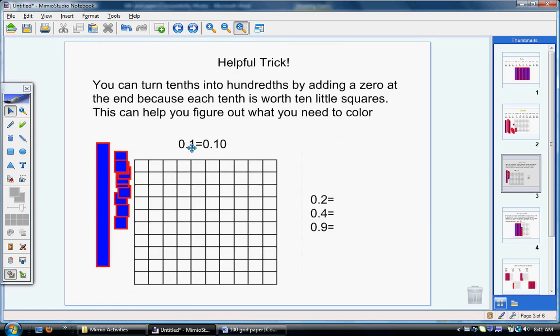So there's a helpful trick when you're trying to draw these. You can turn a tenth into a 100th by just adding a 0, and it doesn't change anything. The reason why can be shown with this picture. We know that a tenth is a long row. This right here is worth 1/10.